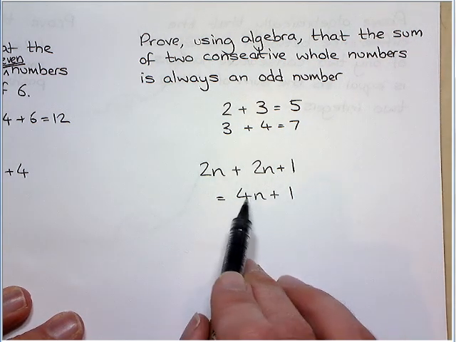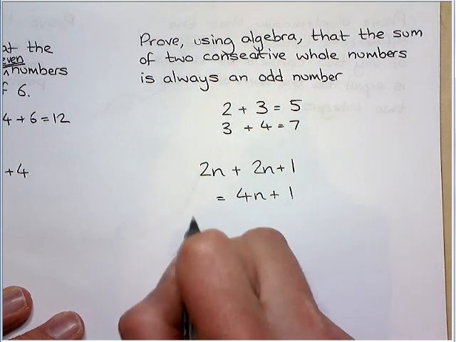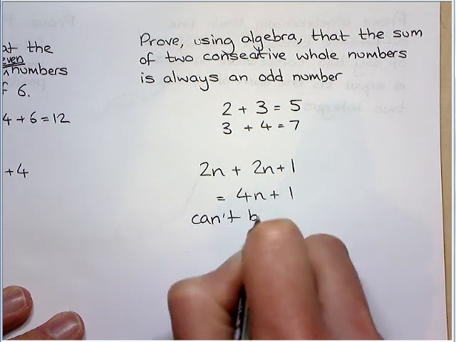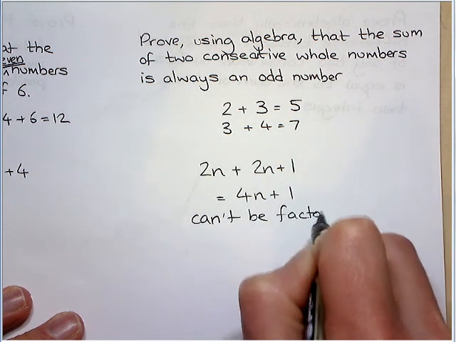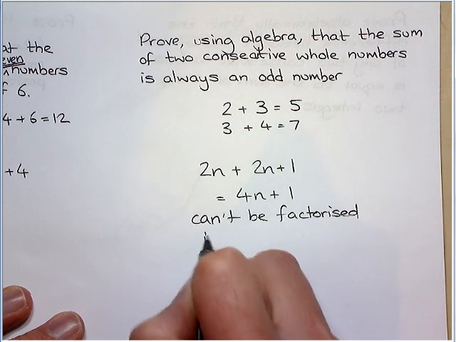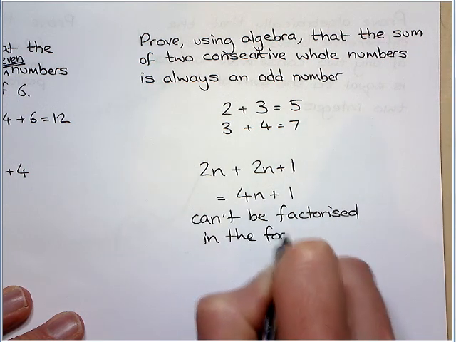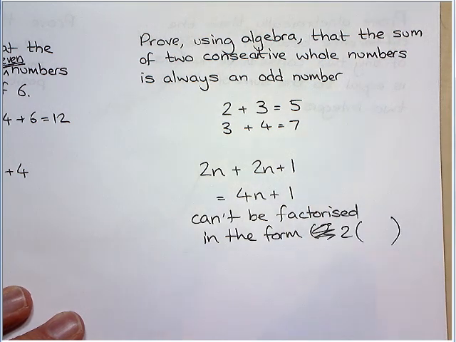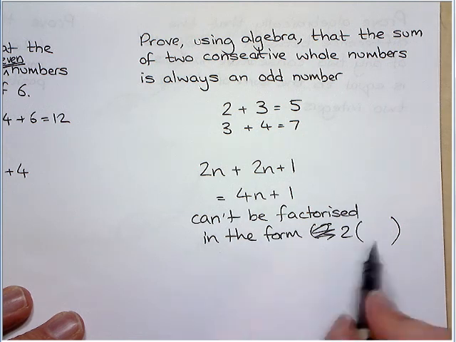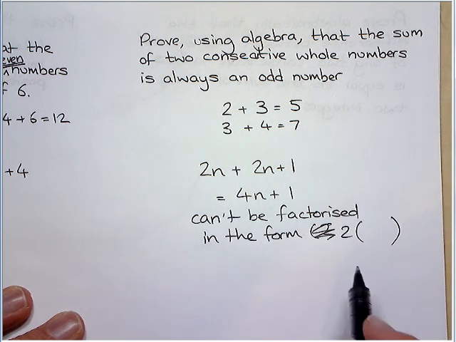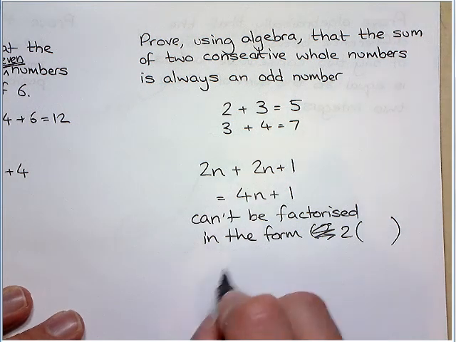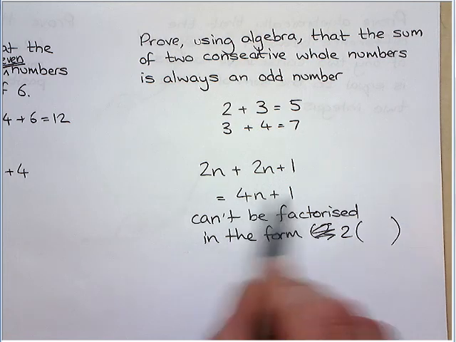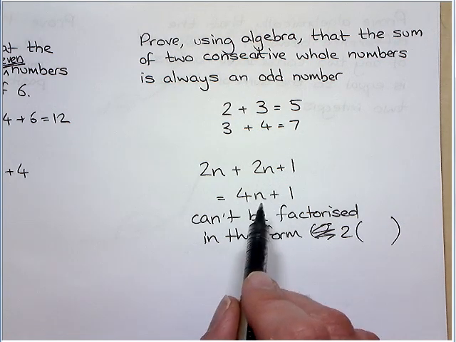So what you can say is this can't be factorized in the form 2 brackets. You can write something like that, because if it can't take a 2 outside, that means it's not in the 2 times table and therefore odd. Or you could write 4n plus 1 cannot be divided by 2 and therefore odd. Something along those lines, just to say that it hasn't got a 2 as a factor.